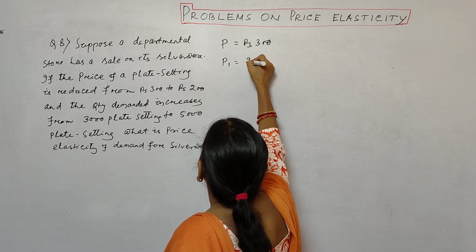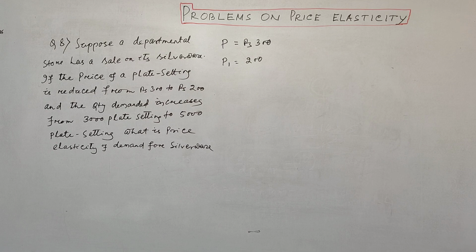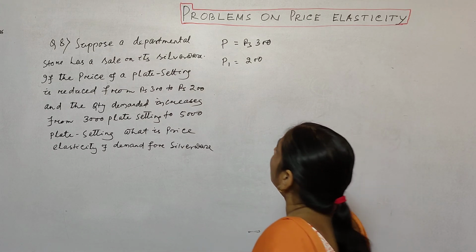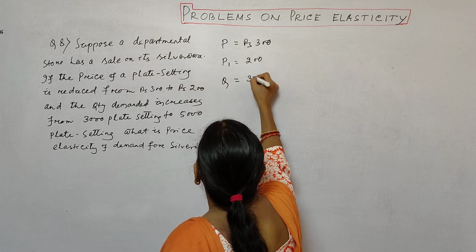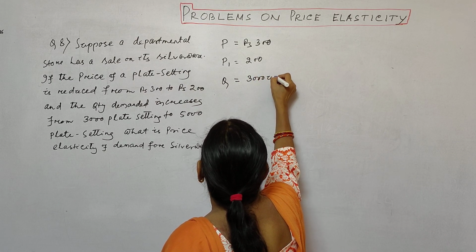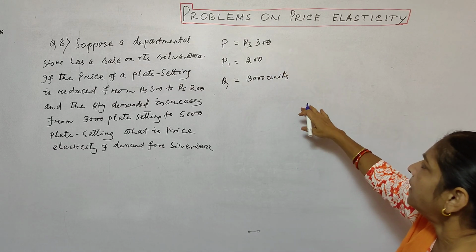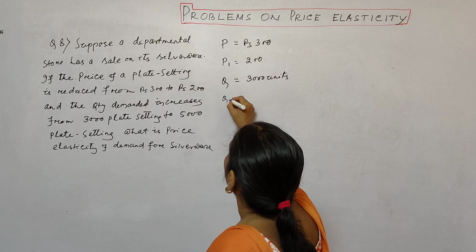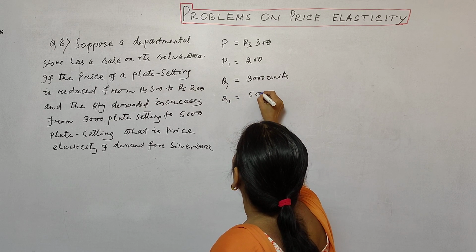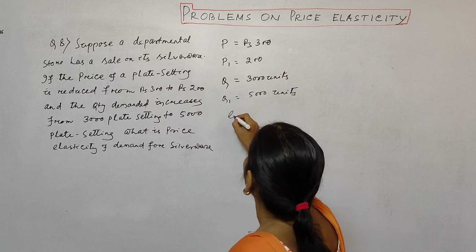P1 equal to 200. And the quantity demanded increases from 3000. So initial quantity equal to 3000 units. Price falls, so quantity demanded goes up. Q1 equal to 5000 units. EP.